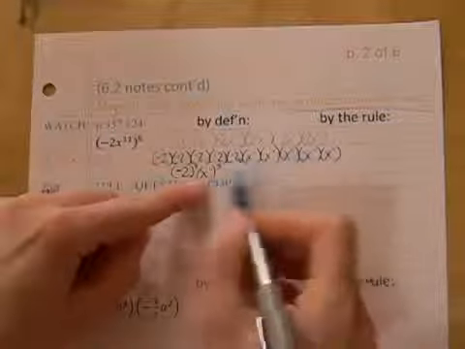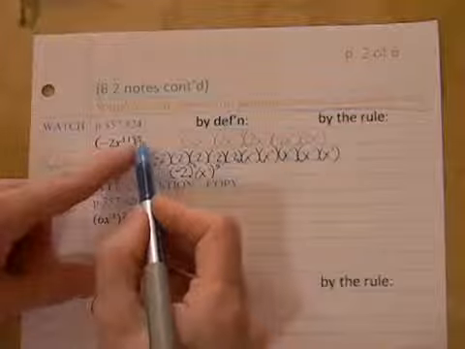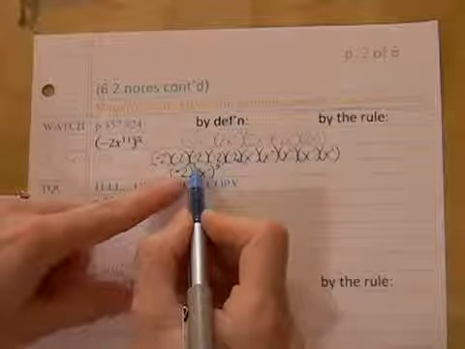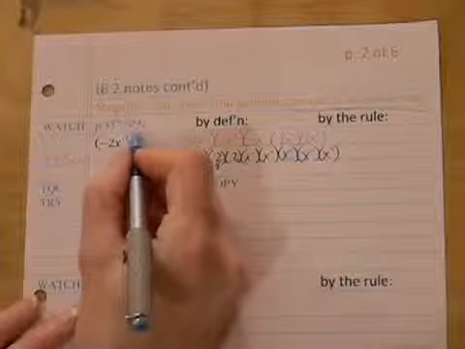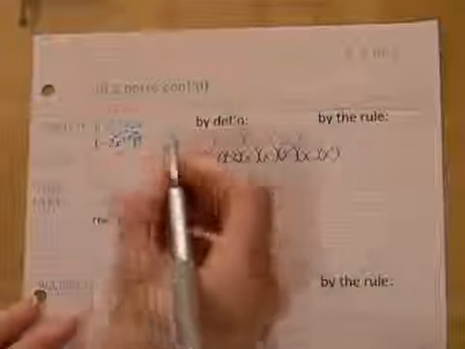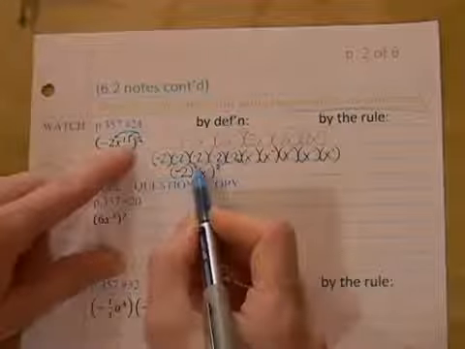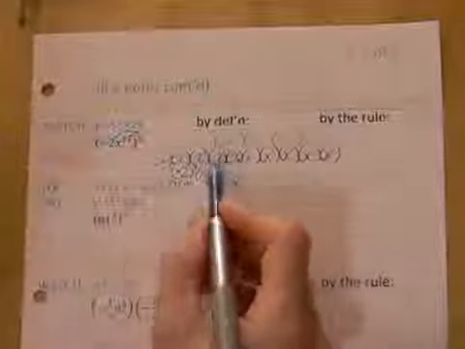Negative 2 to the 5th, x to the 11th to the 5th. And now we see the rule is that when you have a product, something being multiplied, raised to a power, you can apply that exponent to each piece. So negative 2 gets raised to the 5th, and x to the 11th gets raised to the 5th.